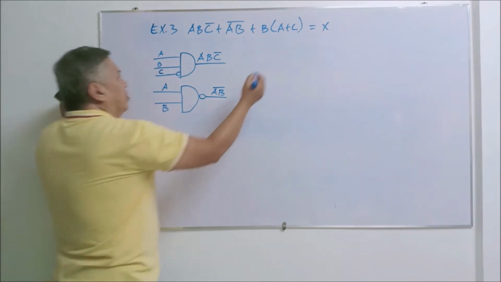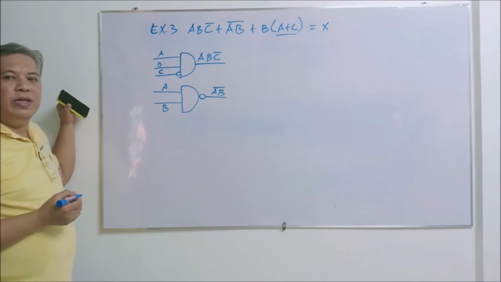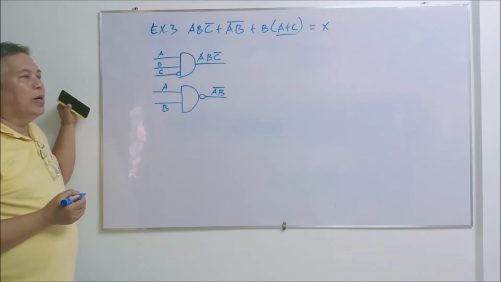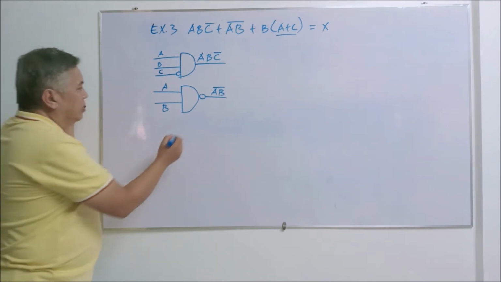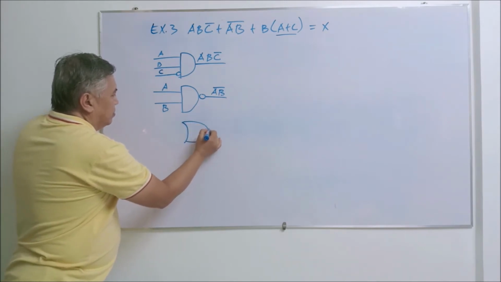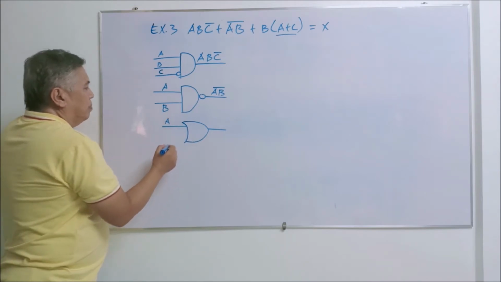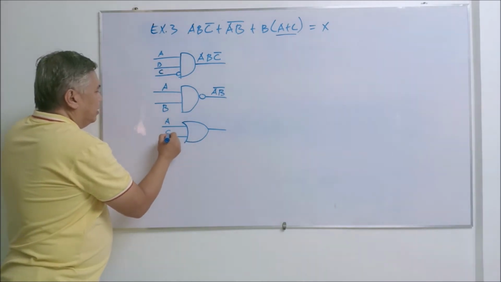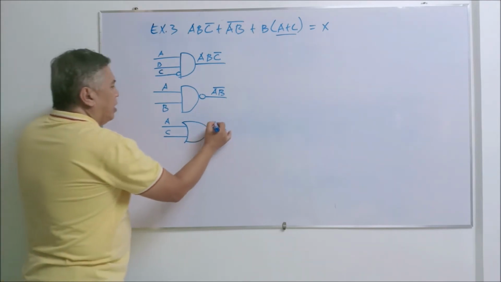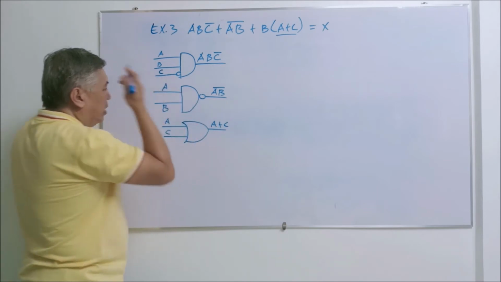And then this is again ORed to B times A plus C. So you first draw this one here, what is inside the parentheses is A plus C, and that can be represented by an OR gate. So you draw here an OR gate. Okay? So you have A plus C. So the output here is A or C. Okay?